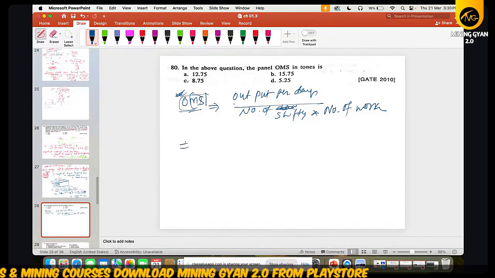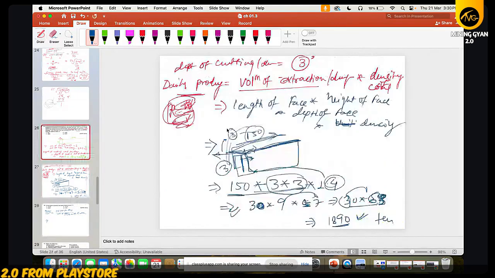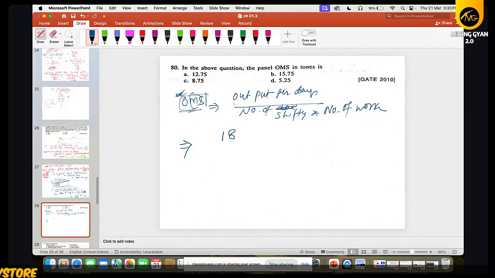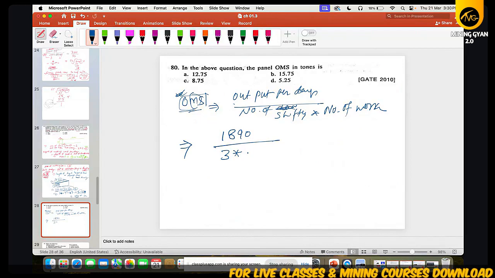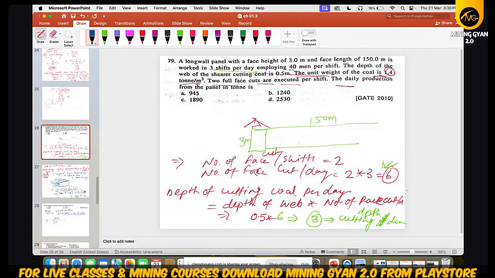ठीक है ना सर? Output per day we have calculated in last question, 890 divide number of shifts, everybody knows it will be generally 3. Number of workers he has, in the last question he has provided us 40 men per shift.